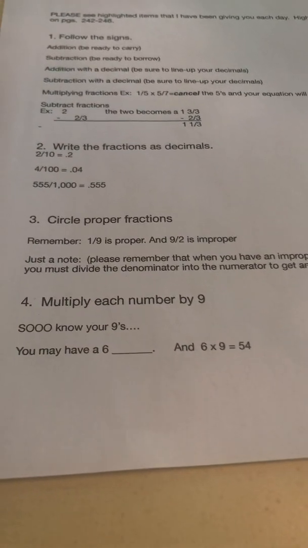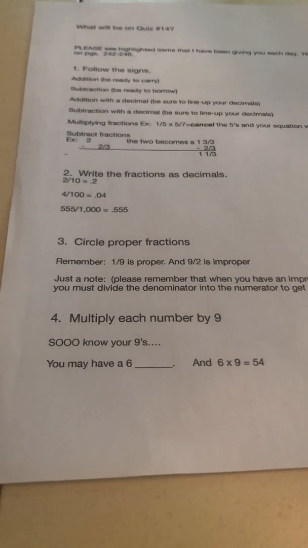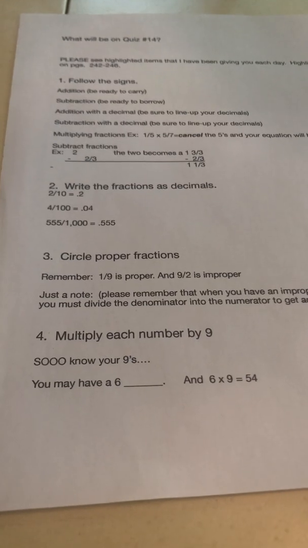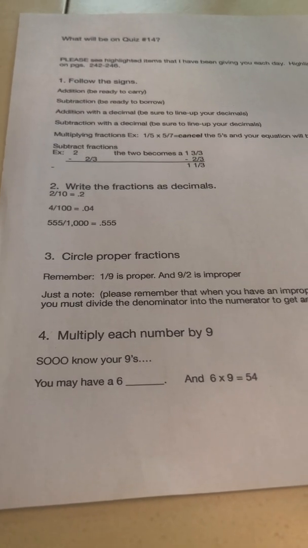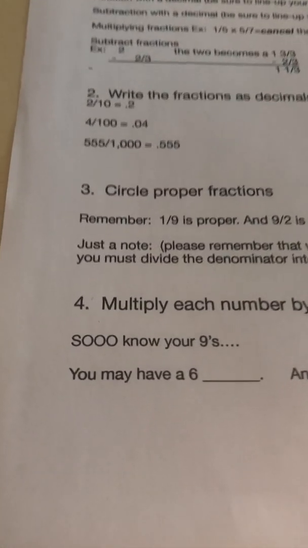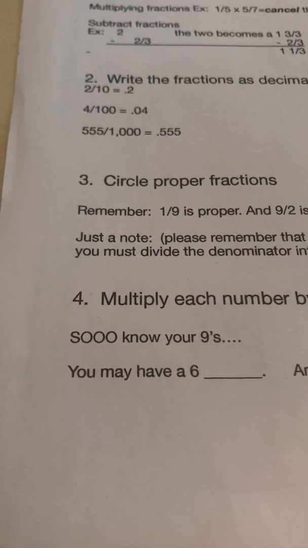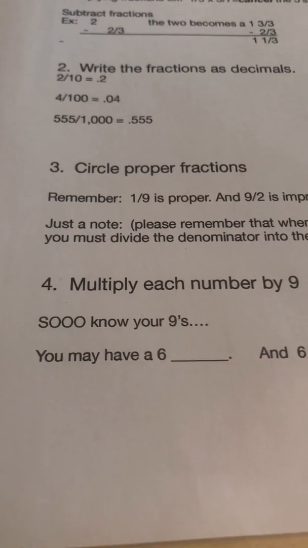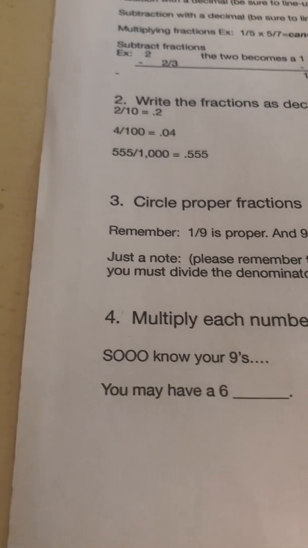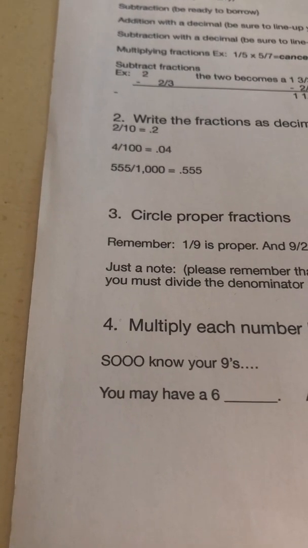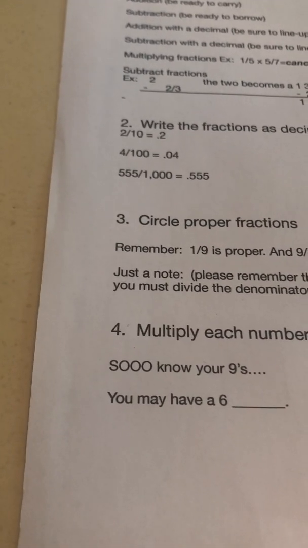Okay? Multiply each number by 9. Okay? So please, please know your 9s. If you don't know a couple of your 9s, count them up. For example, you may have 6 and you have to say 6 times 9. Well, let's say you know that 9 times 5 is 45. Then just add 9 to that, right?